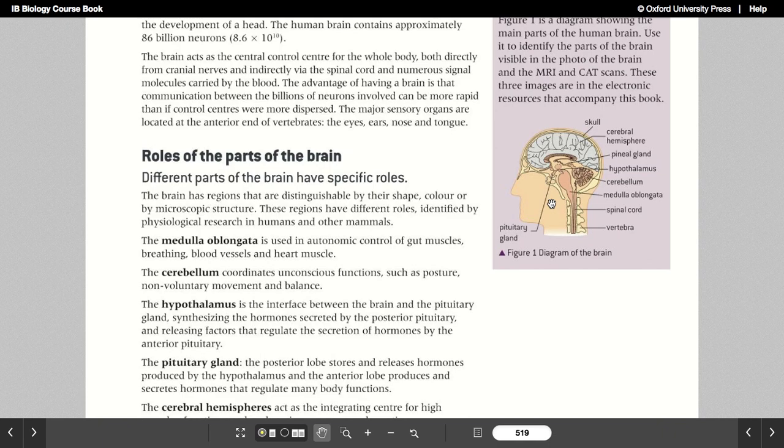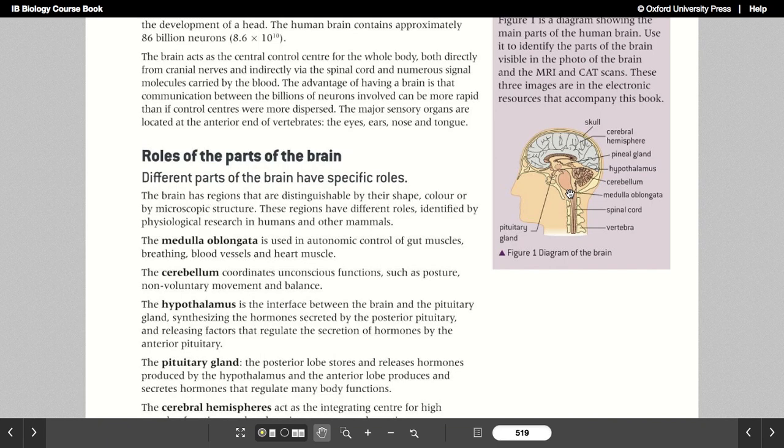Your gut muscles doing peristalsis for digestion are controlled by your medulla oblongata, and your respiratory rate is controlled by your medulla oblongata, so you don't have to think about breathing. Your blood vessels dilating and constricting, the medulla oblongata does that for you. Your heart muscle pumping, the medulla oblongata also does that for you. And it also controls your pupil reflexes.